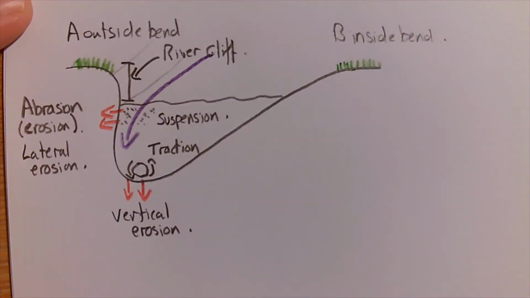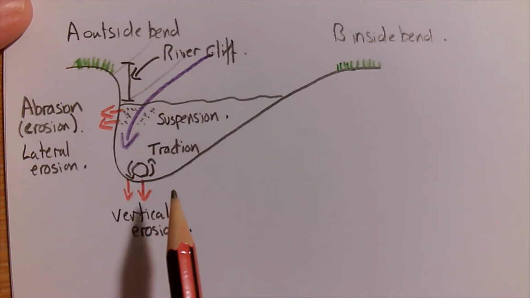Now, on smaller rivers, river cliffs might be anything from 20 centimeters to half a meter, but on large rivers such as the Amazon or the Congo, river cliffs can be really quite large and be 10 or 20 meters high as the water erodes very rapidly.